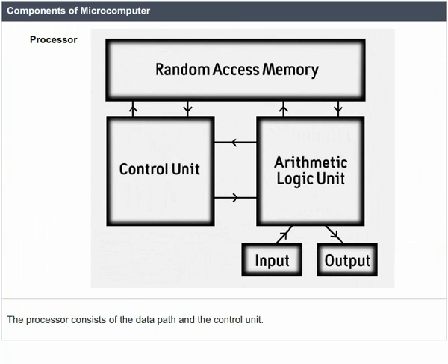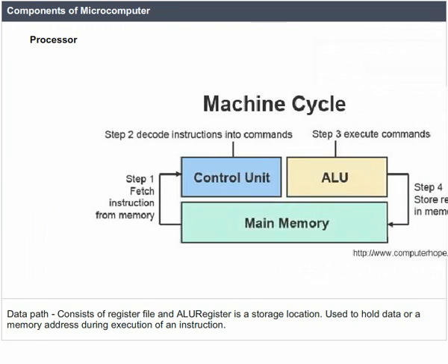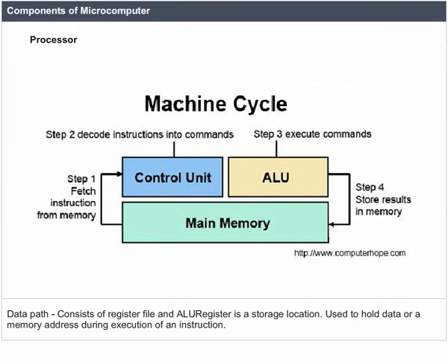Processor. The processor consists of the data path and the control unit. Data path consists of a register file and ALU. A register is a storage location used to hold data or a memory address during execution of an instruction.